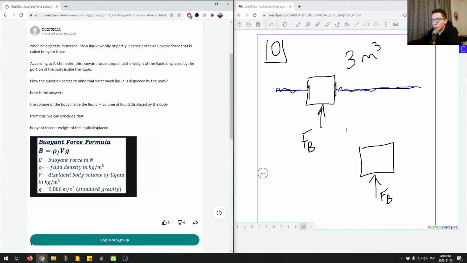If it was full, it would be 3. From this, we say buoyant force, FB, is equal to the weight, measured in newtons, of the liquid displaced. That's the key thing you want to know here.